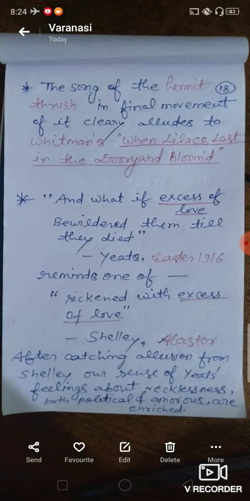So this is how we can have some more thoughts after connecting a particular allusion to its original reference.